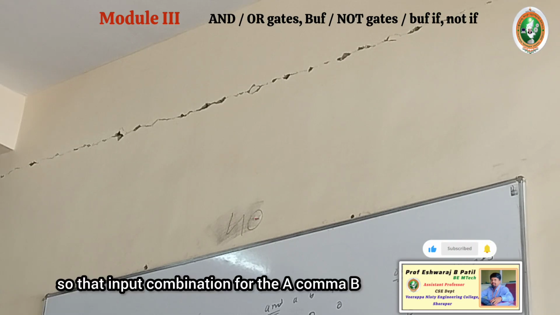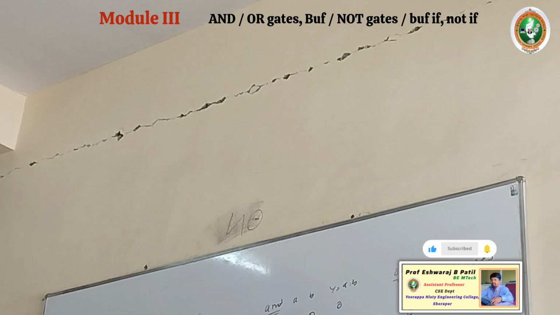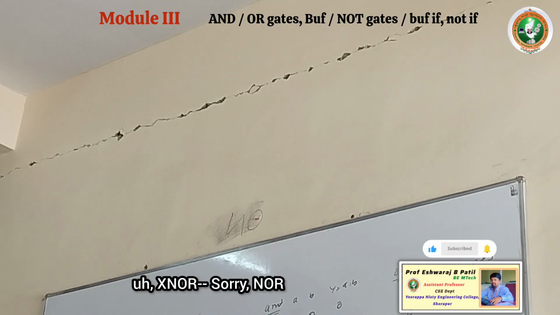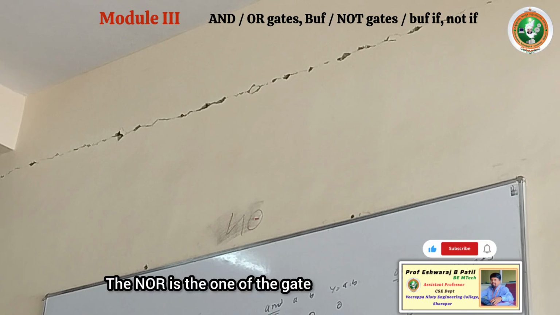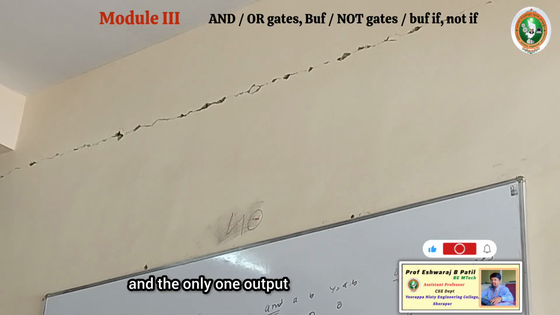For the input combination A comma B, the output is Y equals the inverted form of OR. There are two inputs for this NOR. The NOR is a gate having both inputs A and B and only one output.